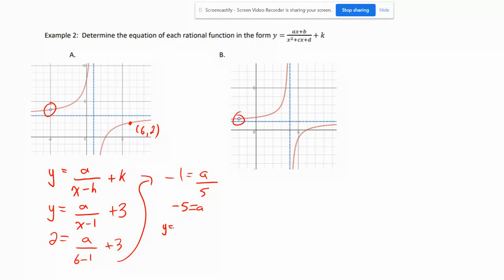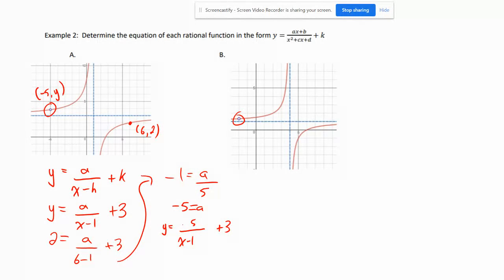So it's going to be y equals -5 over x minus 1, plus 3. Okay. Now, what we know here is that for this point, we don't really know exactly what the y value is, but that's okay. But we know that the x value is -5.